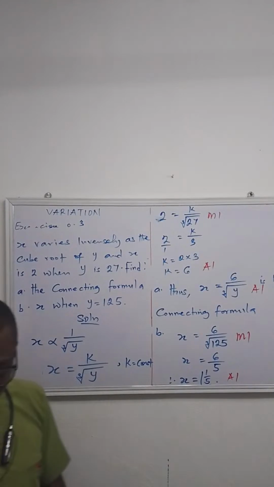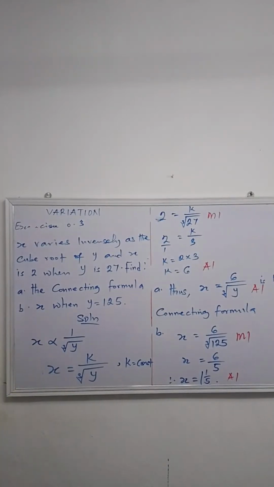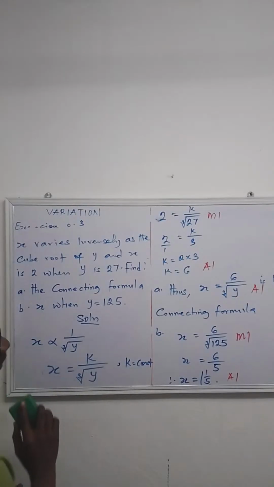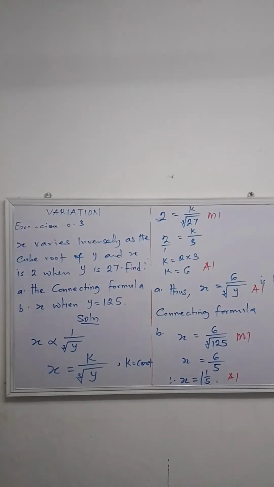All right, one more question under indirect variation. Let's look at another problem. Before I move to the next question, I want you to quickly do this one for me.